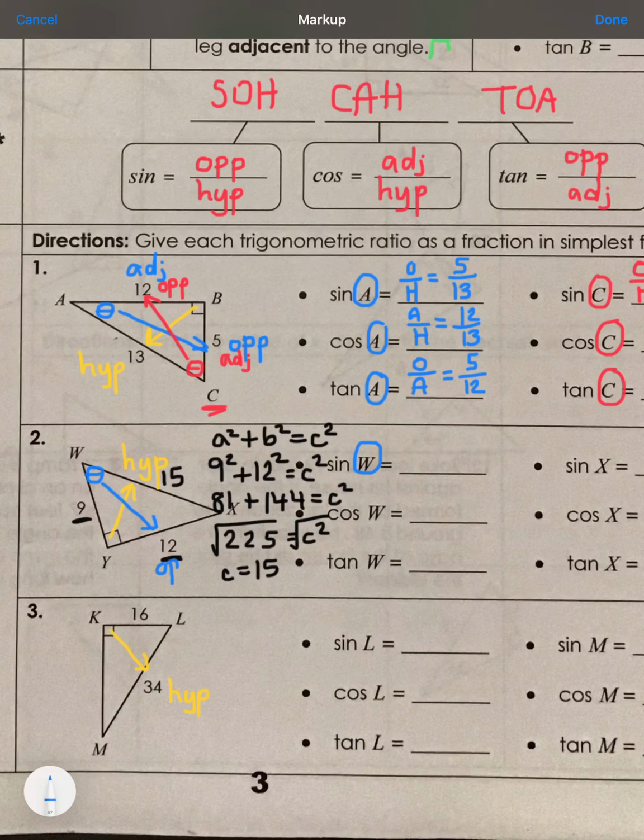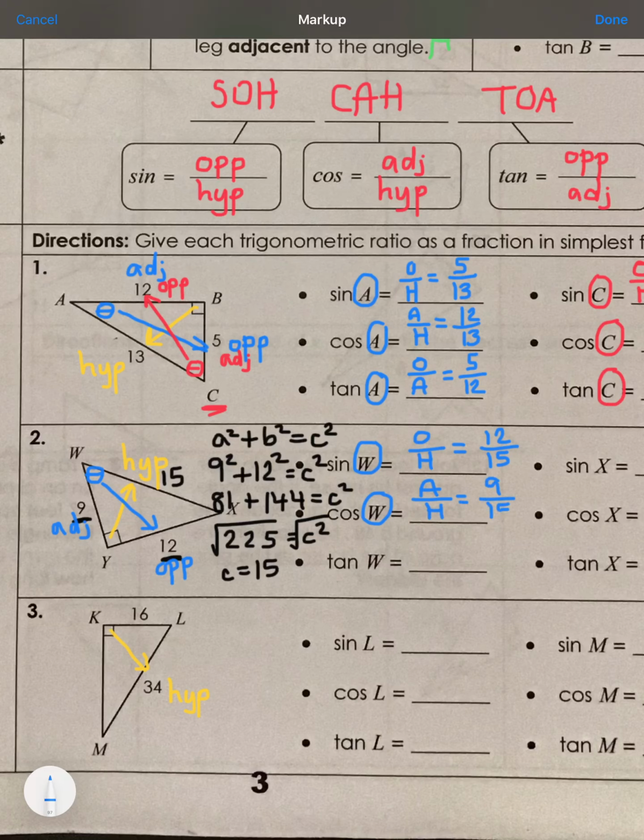Now that we have all three sides, I can find the sine, cosine, and tangent. So I have W. That's going to be my theta. Across from my theta, that's my opposite side. And next to my theta is my adjacent side. So let's fill these in real quick.